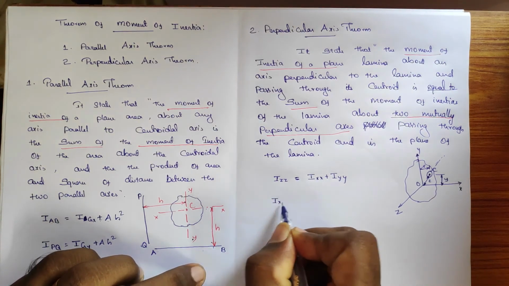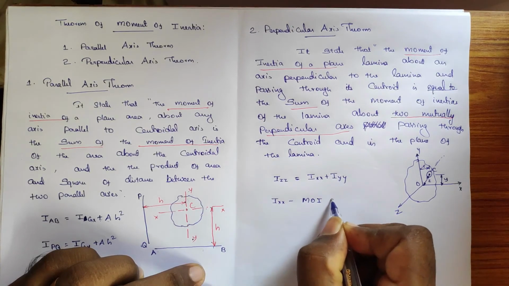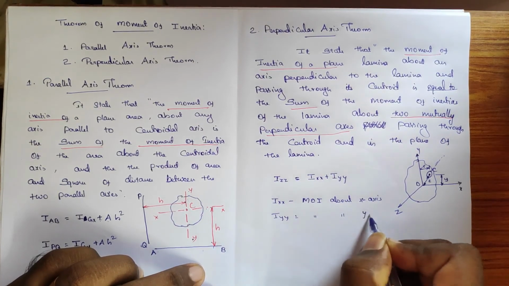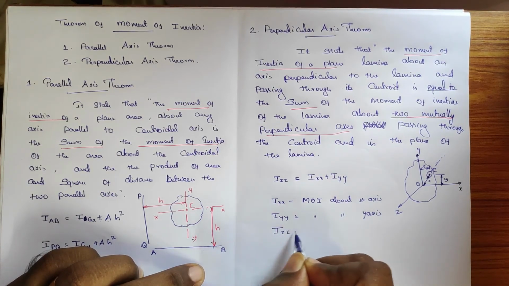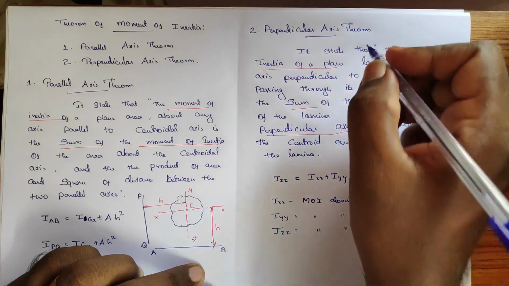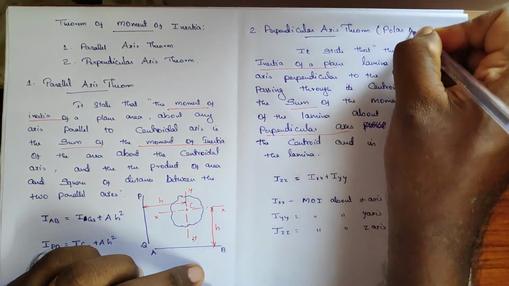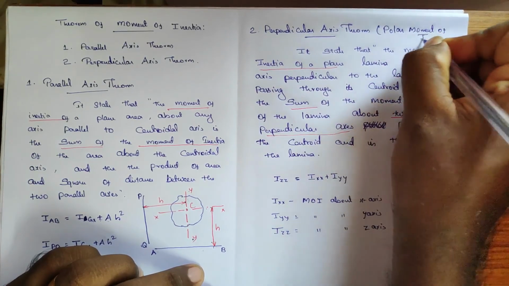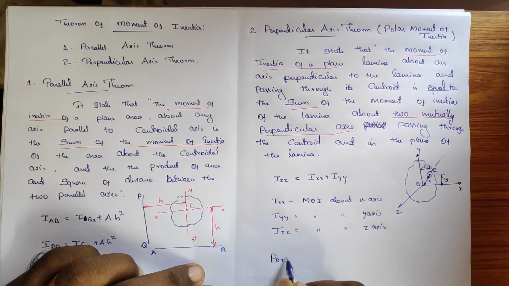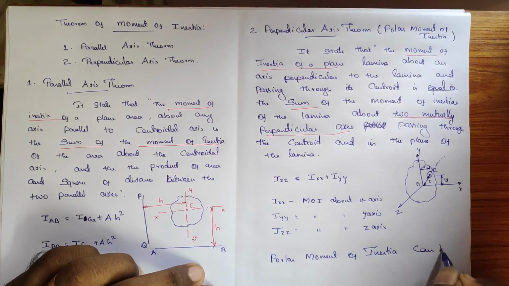Here IXX is the moment of inertia about the x-axis, IYY is the moment of inertia about the y-axis, and IZZ is equal to the moment of inertia about the z-axis. This IZZ can otherwise be called the polar moment of inertia, and it can be denoted by the letter J.